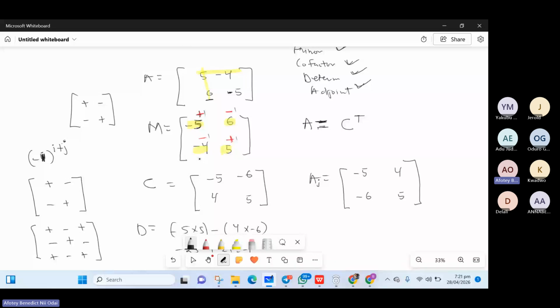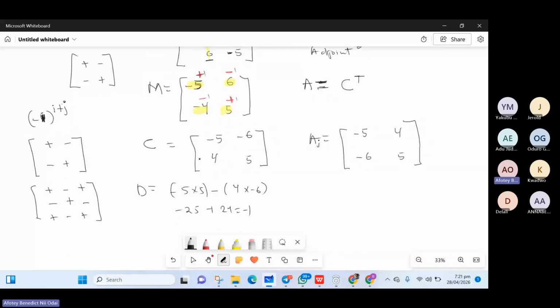Once you do this, we get the matrix of cofactors. Of course, we know how to find a determinant of a 2 by 2 matrix. We'll get to finding the determinant of a 3 by 3 matrix next. But this is basically the formula for finding the determinant of a 2 by 2 matrix.